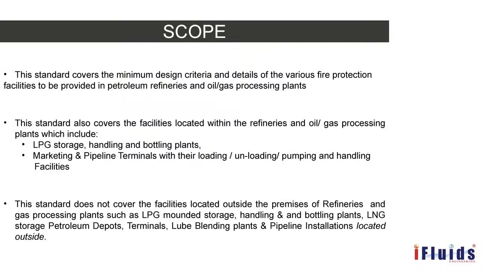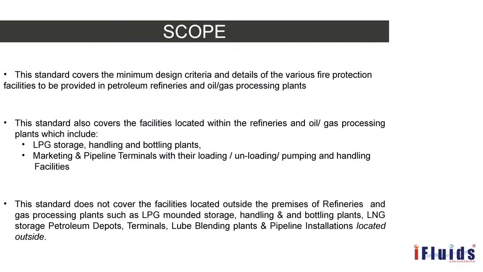So, what is the scope of this OISD 116? This particular standard provides the minimum design criteria and details the various fire protection systems that have to be provided with respect to petroleum refineries and oil and gas processing plants.